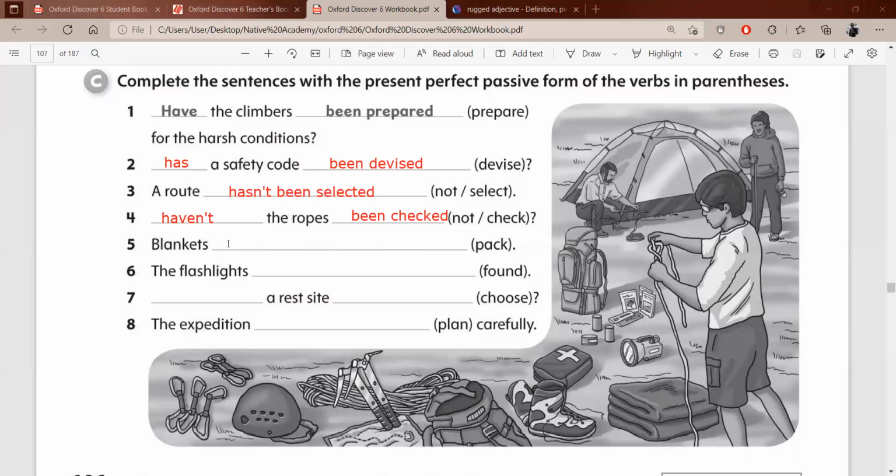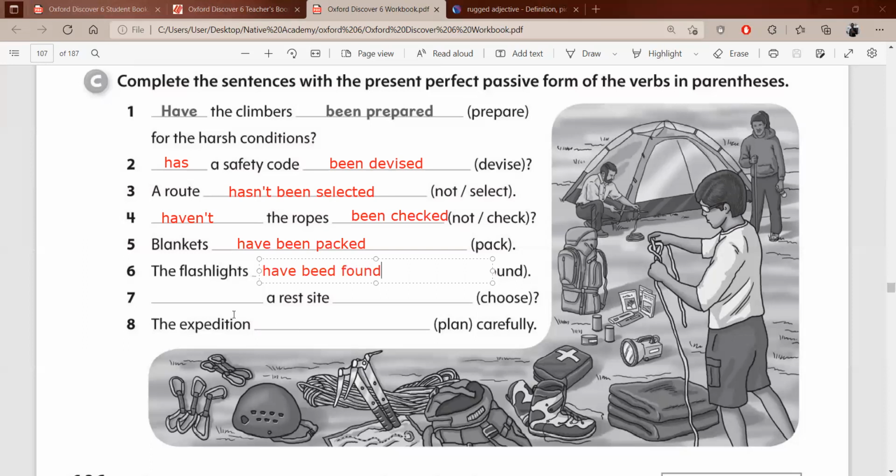Blankets have been packed. Of course. Number 6. The flashlights have been found. Have been found, of course.